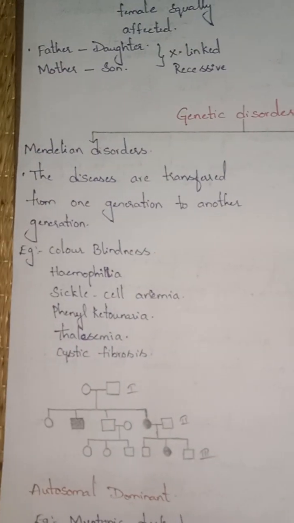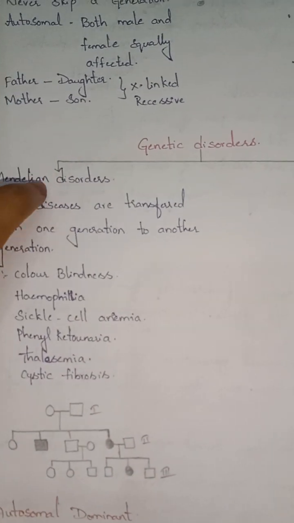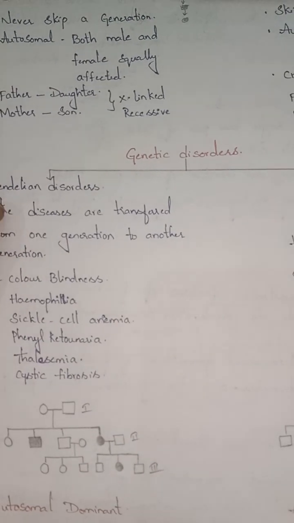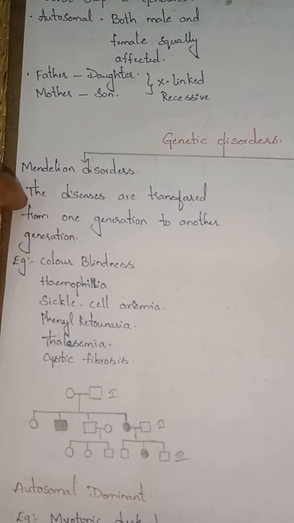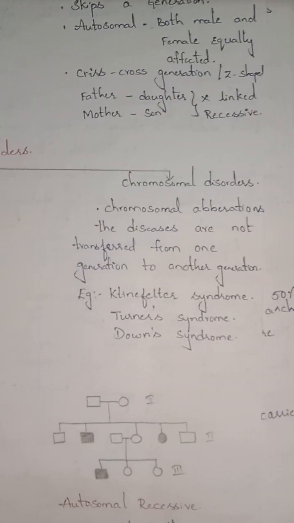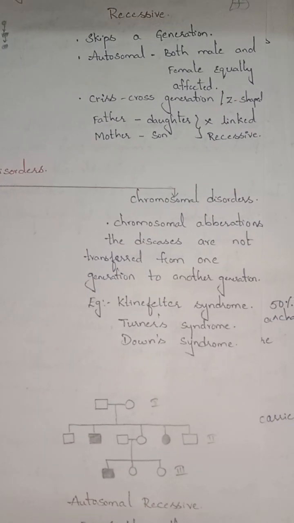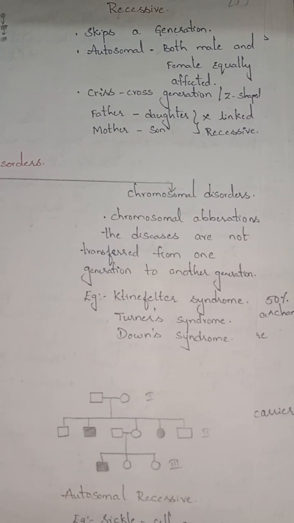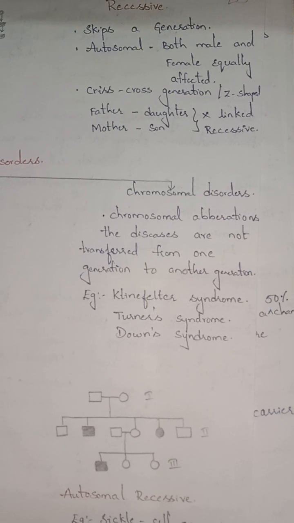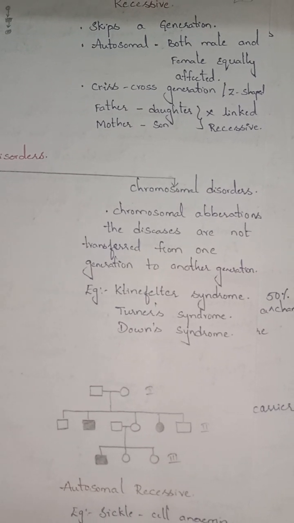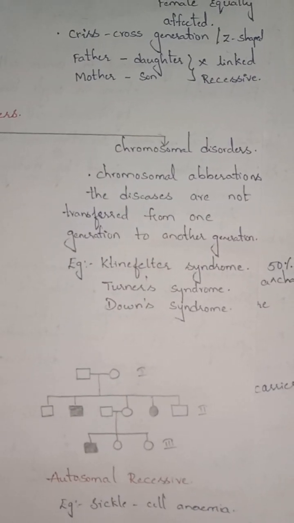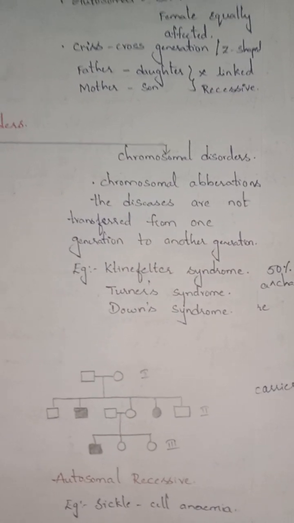Whereas in Mendelian disorders, whatever information is present in one generation transfers to the next because the DNA stores the information. But here you are not going to see transmission from one generation to another. What are the diseases? Klinefelter syndrome, Turner syndrome, and Down syndrome.